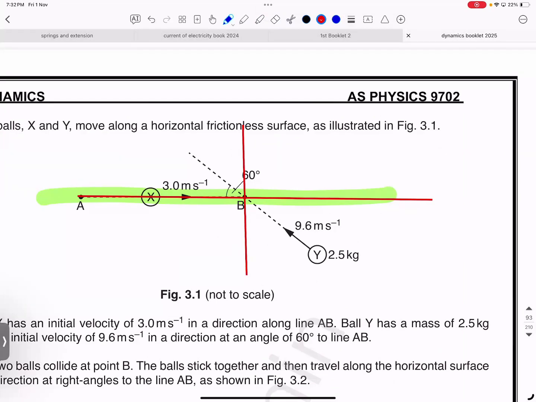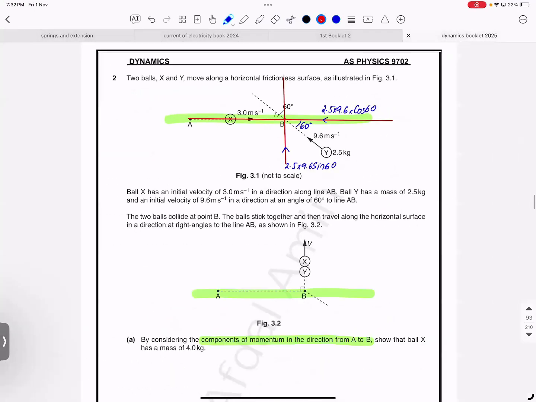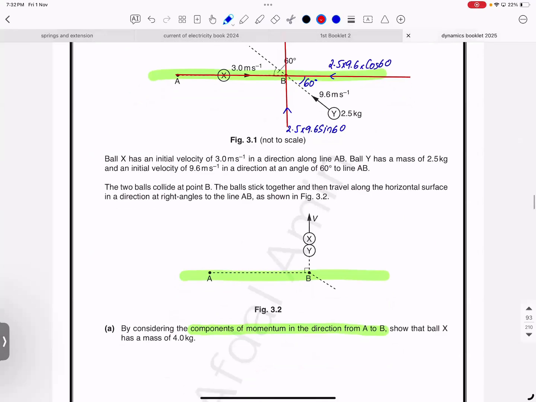So this has two components. One is the left side, which is 2.5, 9.6, this angle 60, so this angle is also 60, cosine 60. It has upward direction 2.5, 9.6, sine 60. I resolved it. Okay, now in X direction, I highlighted green color for you.